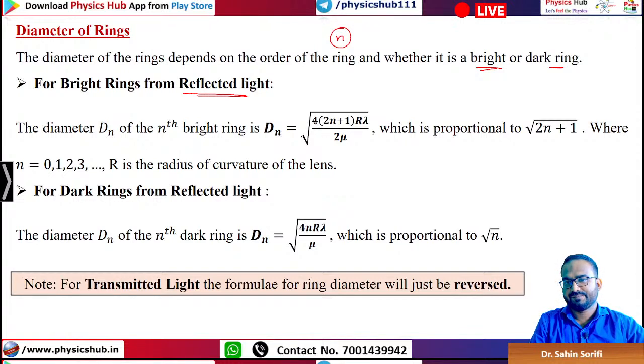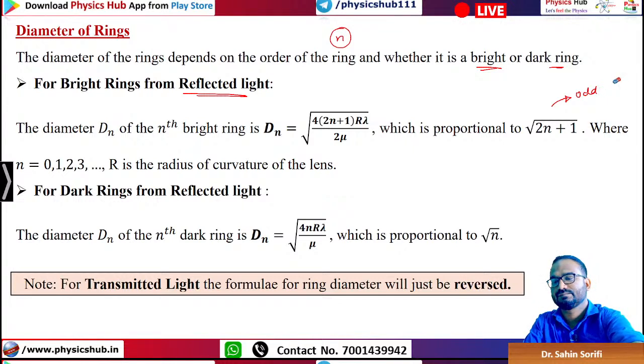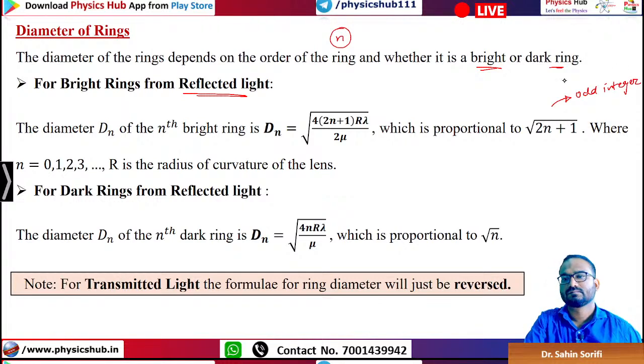So Dn is proportional to root over 2n plus 1, varying as the square root of the odd multiple, the square root of odd integers. n equals 0, 1, 2, 3.